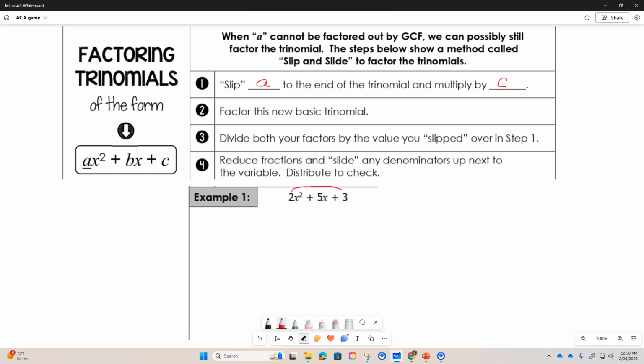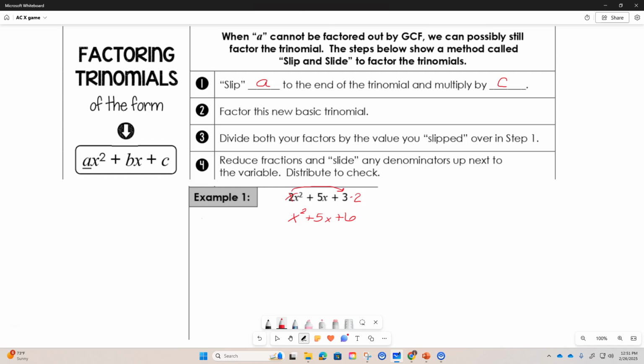I'm going to slip it back here, and I'm going to multiply it times that 3, and then I'm going to cross that out, or maybe just rewrite it. I'm going to rewrite it so that my new quadratic is just x squared plus 5x plus 6. Where did the 6 come from? It came from multiplying A times C.